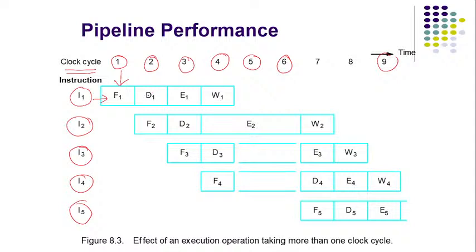During the second clock cycle, the first instruction is in the decoding stage, and at the same time the second instruction is fetched. Then in the third clock cycle, the first instruction is in the execution stage, the second in decoding, and the third is fetched.